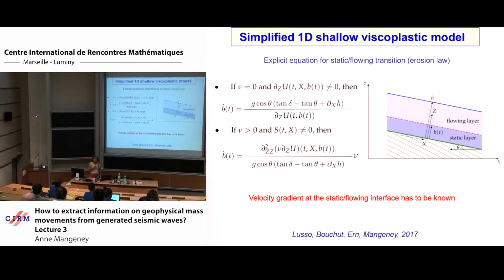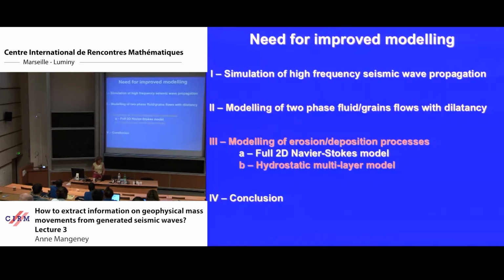So from this, we decided not to try to find any relation to close the shallow water equation, and we decided to use a method that will describe the velocity profile in a way that is much simpler than solving the full Navier-Stokes equation. And one possibility, I don't say that it's the best one, but it has to be tested, is to use a hydrostatic, what I call multi-layer model.